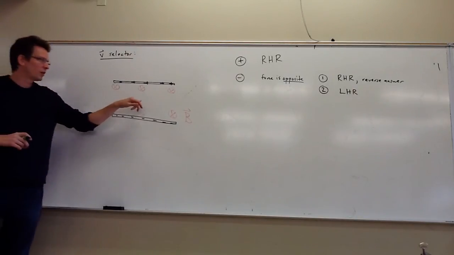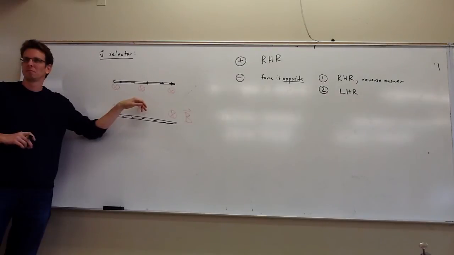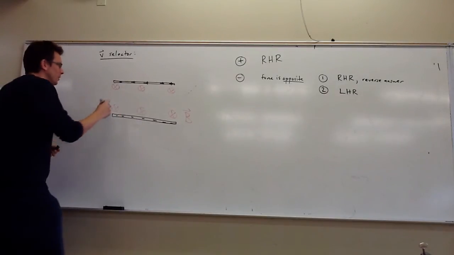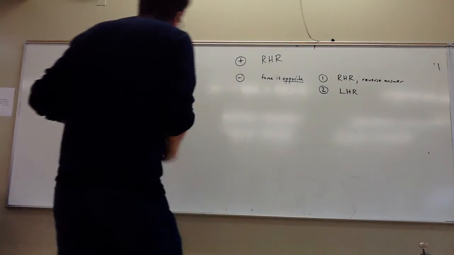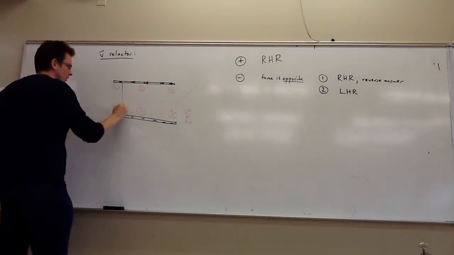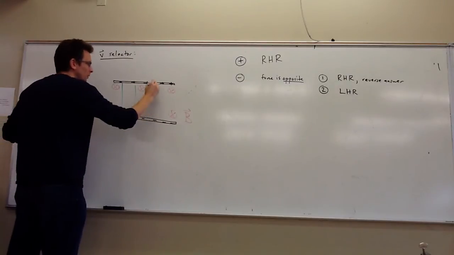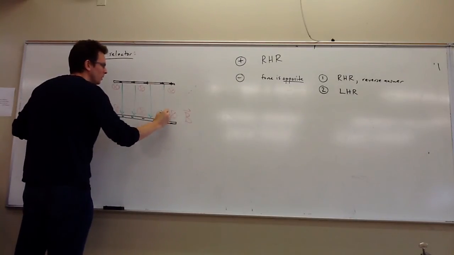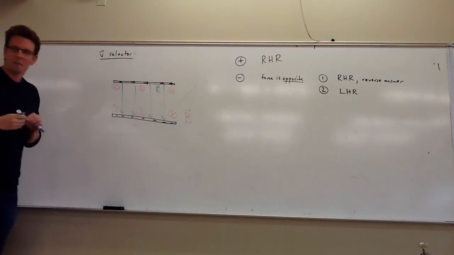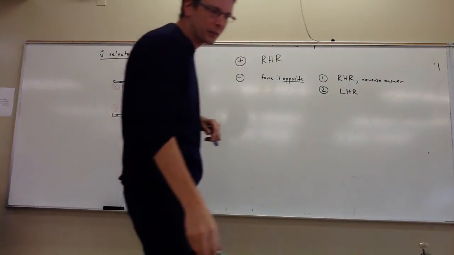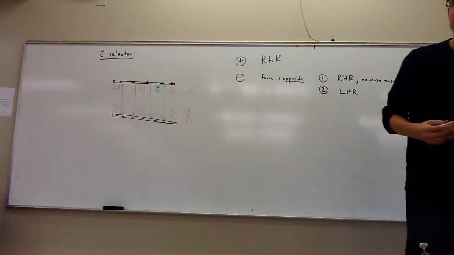What does the electric field look like between them? It's down, right? So I'll do that in a different color. The electric field's going to look like this. So we have a magnetic field that's into the page and an electric field that's downward toward the floor.